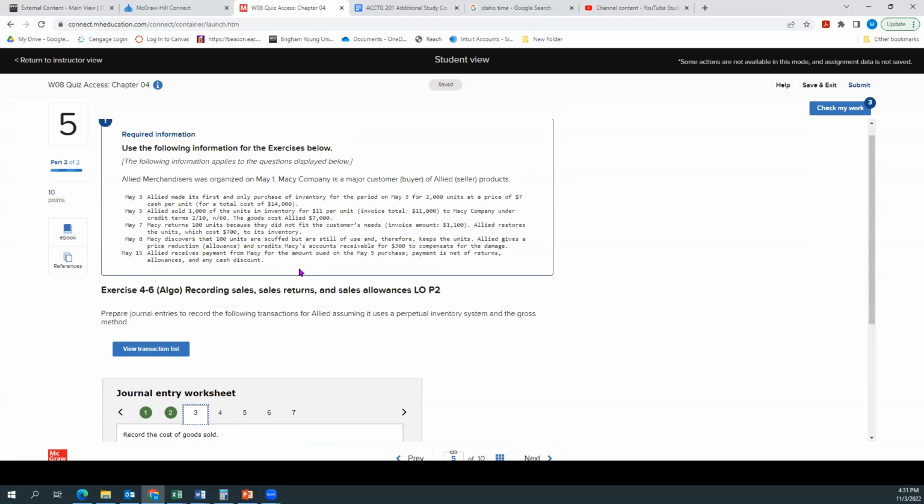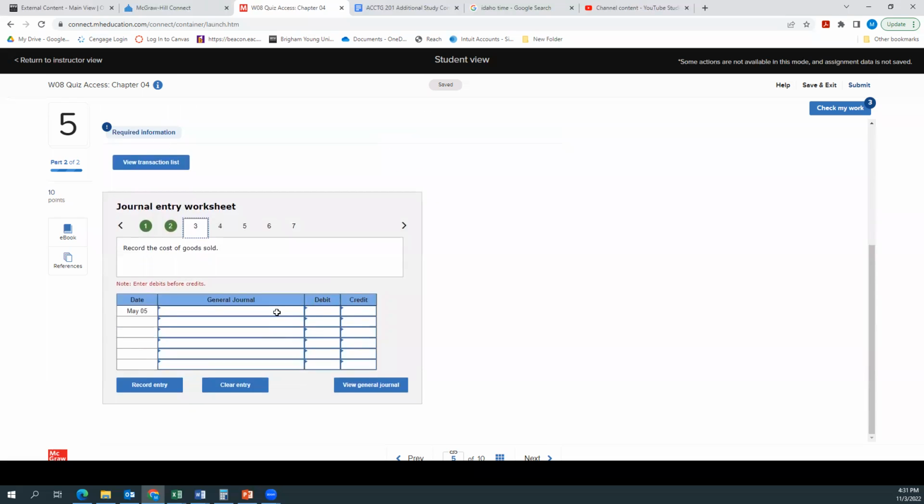So remember, we sold 1,000 units, and our cost per unit was $7. So 7 times 1,000 was 7,000. So the expense is going to be cost of goods sold, 7,000. And then merchandise inventory is going down by 7,000.